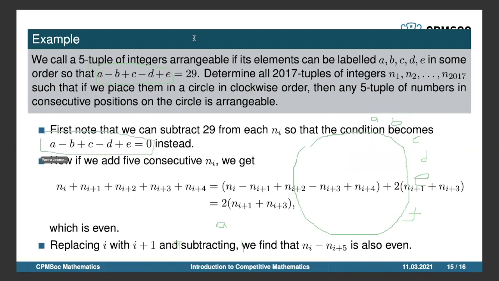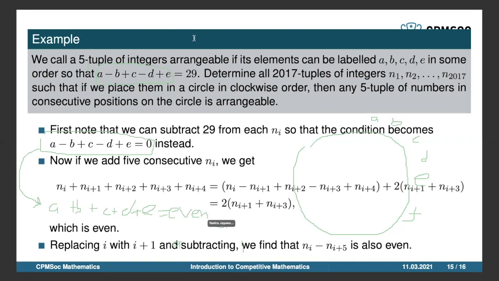And from our invariant proof from earlier, it follows that the sum of the numbers A plus B plus C plus D plus E has to be even. So this is an even number.